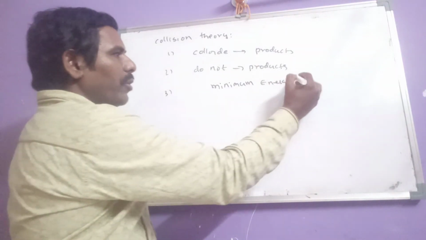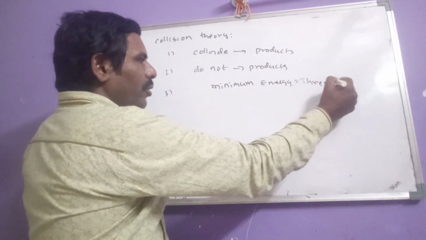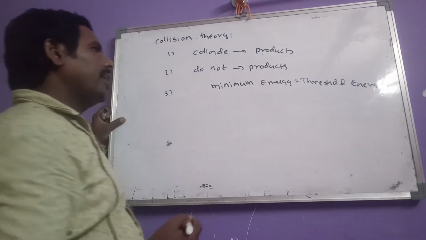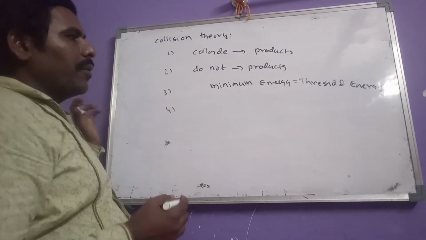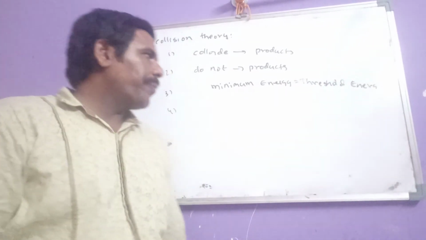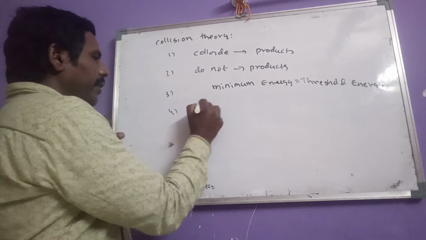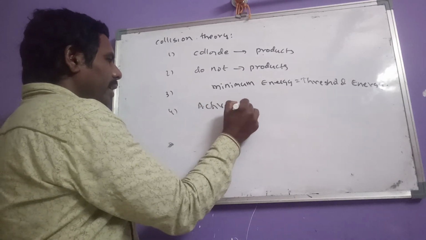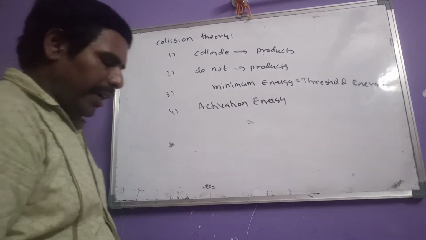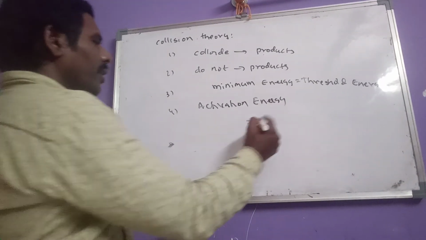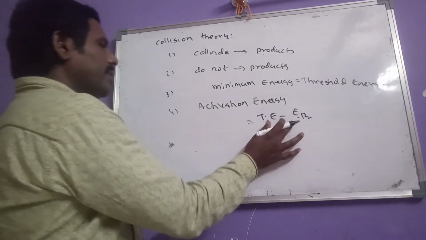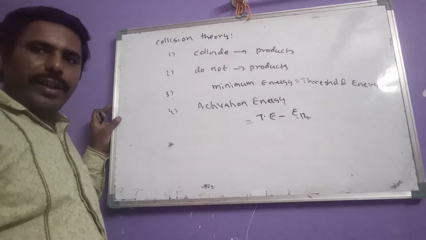The minimum amount of energy required to give the products is known as threshold energy. But reactant molecules may not have that threshold energy. The difference between threshold energy and reactant molecules energy is known as activation energy.